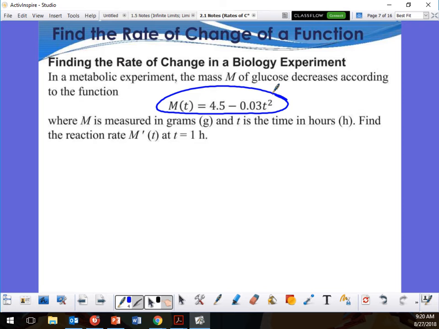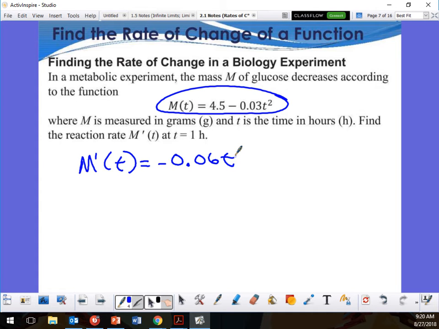So first thing, let's take the derivative. So M prime of T will be what? -0.06 t. Okay.